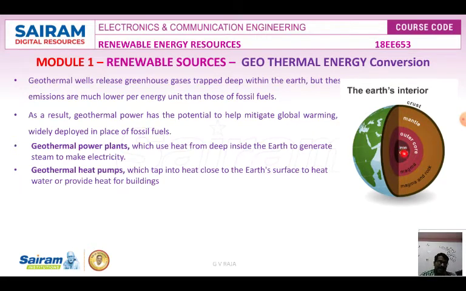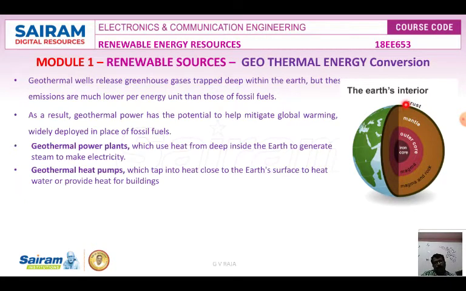This is the earth. The center part of the earth is the iron core. The outer part is called the mantle, where more heat is produced, and it is made of magma and rock, and the outer surface is called the crust.